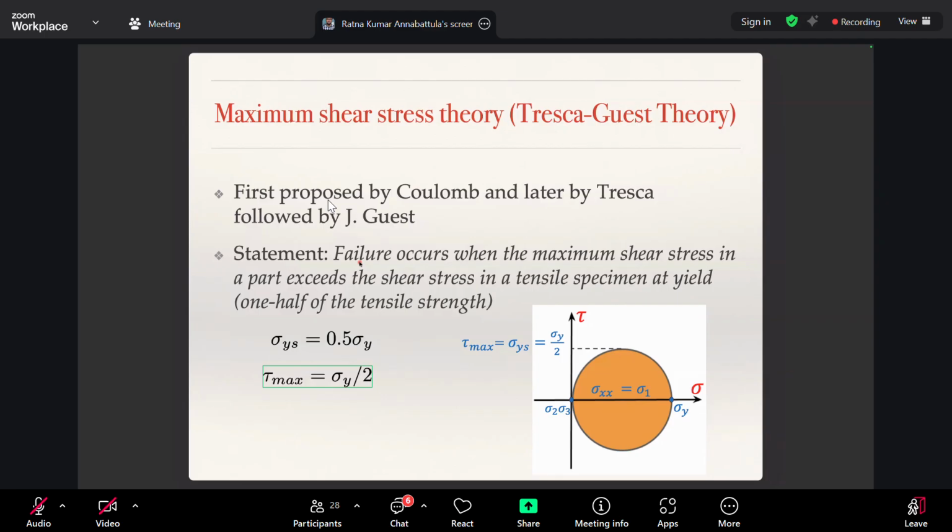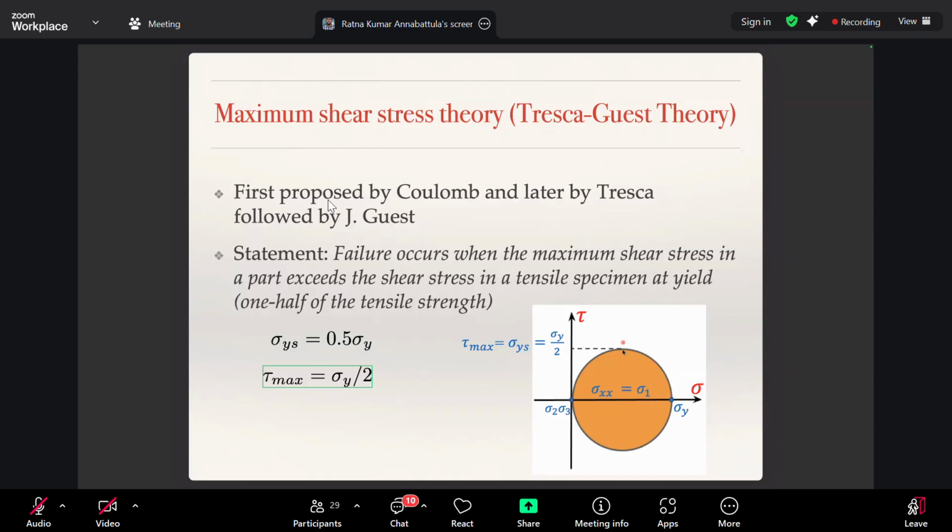For example, if you look at this particular Mohr circle, in a uniaxial tension test, let us say sigma y is your yield strength of the material, and when your sigma 1 becomes the yield strength, that is when the failure happens. But we have seen that each and every point on the Mohr circle represents the state of stress at a plane which is oriented at an angle theta from the axis about which the normal stress is applied. That's what we have discussed.